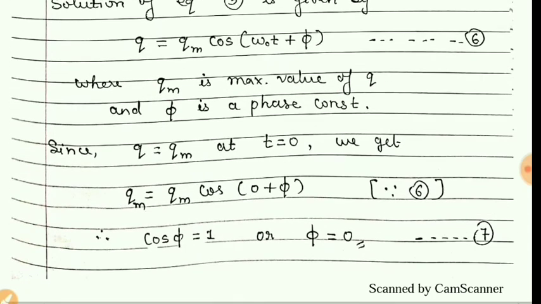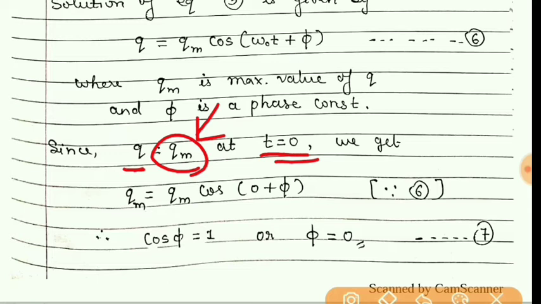Now students, let us apply the condition that at time t is equal to 0, that is initially, the charge was Qm. We know that initially the capacitor was charged and the charge on the capacitor was Qm, the maximum charge. So at t is equal to 0, Q is equal to Qm.